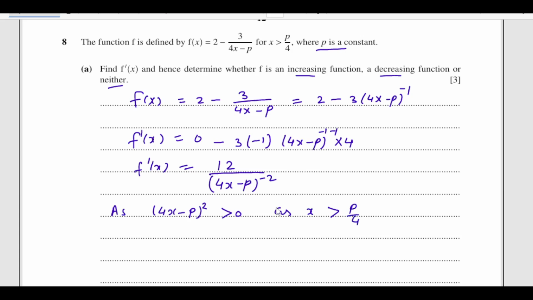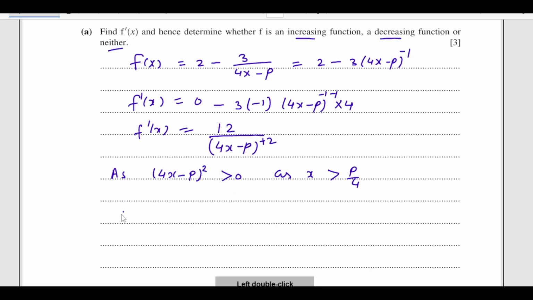So 4x minus p is positive, and this is always going to be positive as it is a square. So that means f dash x is greater than 0. So therefore the function is increasing.